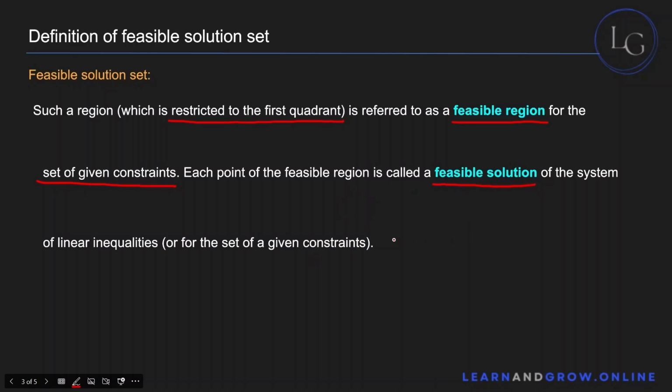So what that basically means is that if you have this xy plane, and if you have inequalities, all these inequalities have to lie in this quadrant, which is the first quadrant. Any part of it which is outside of the first quadrant is a part of the solution set, but it is not part of the feasible solution set.